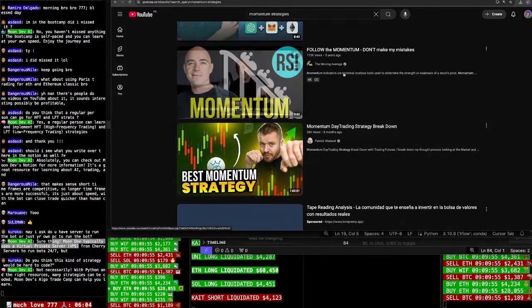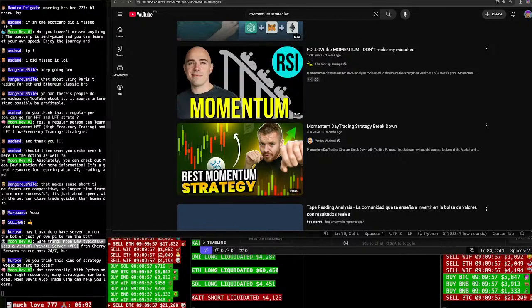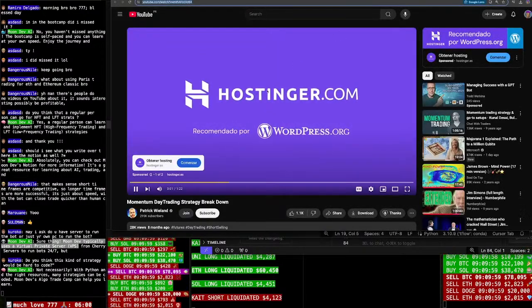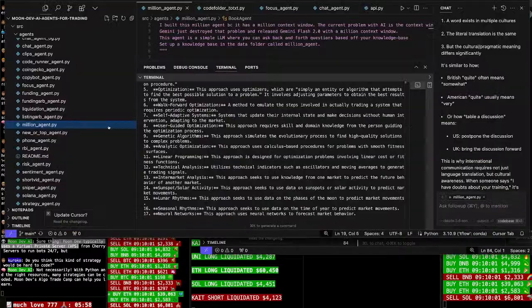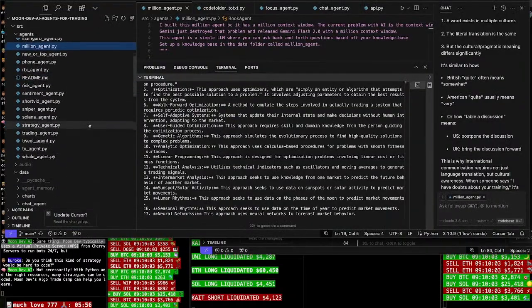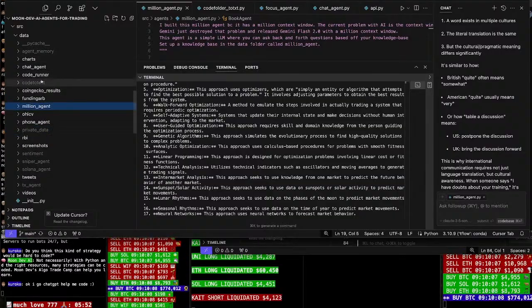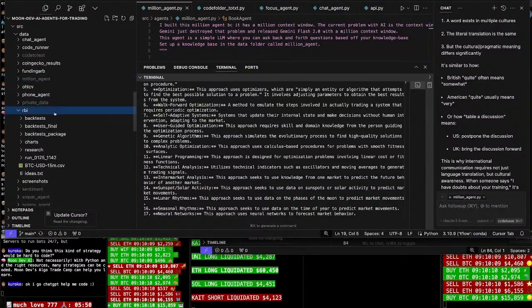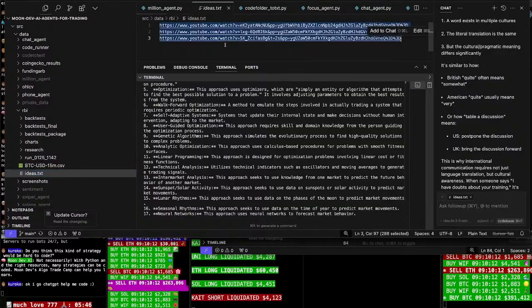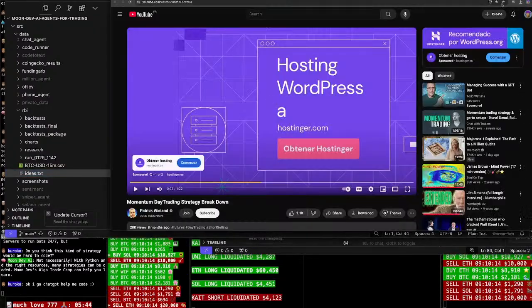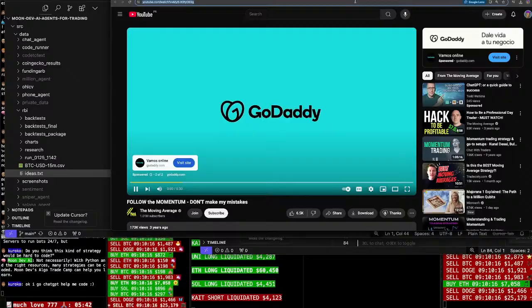If I open this one up and grab these two links, I can put them into my RBI agent. Down here in the RBI ideas, I could put any YouTube video links, and it will go watch the YouTube video.